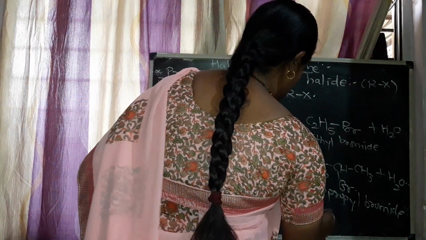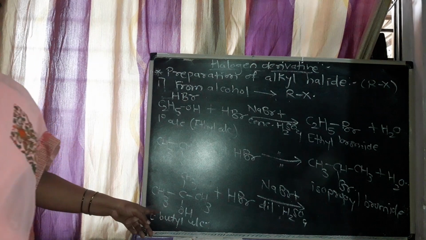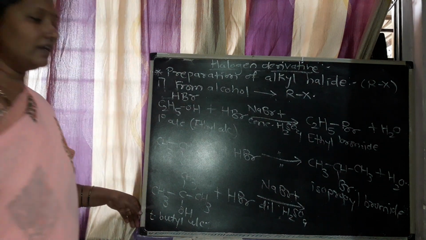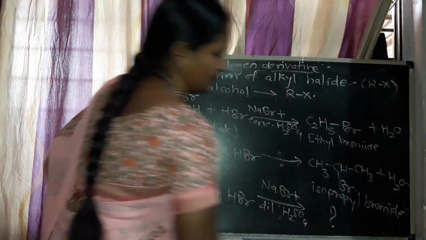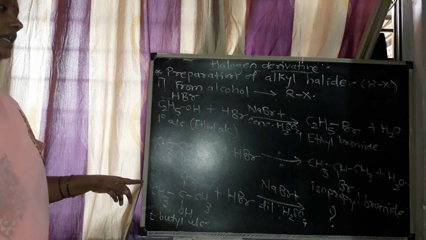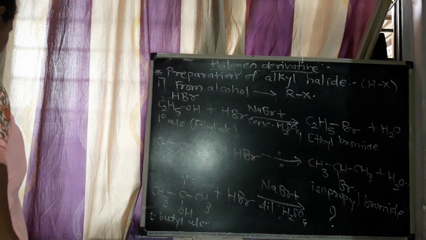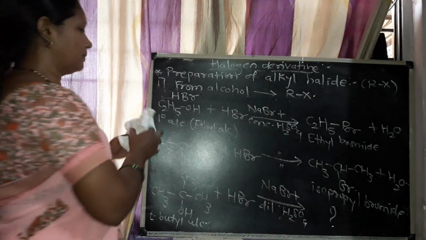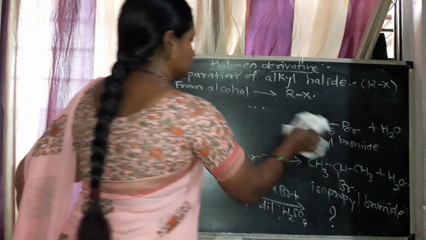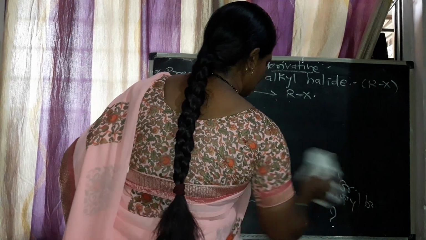The product is formed where, instead of OH, the Br atom is substituted. Then student, you can write this answer, product. Like this we prepare the alkyl halide by using HBr. Now the third preparation, that is C, we can prepare the alkyl halide by using HI, hydrogen iodide.